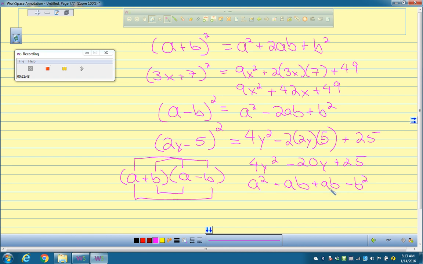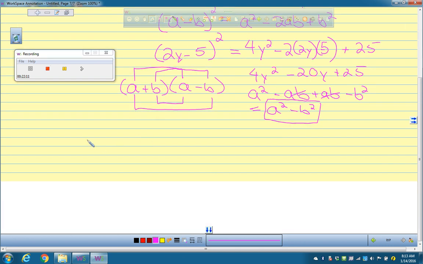What happens to negative ab and plus ab? They cancel out. And what you're left with is a squared minus b squared. So this formula, a plus b times a minus b, gives you this. Okay? So one more example.